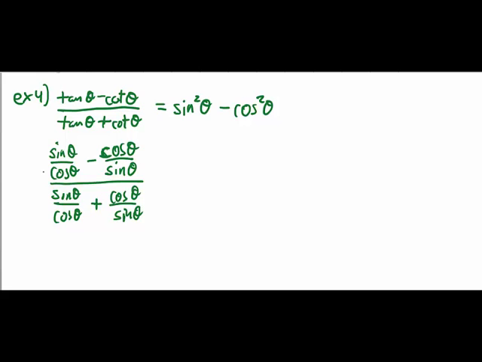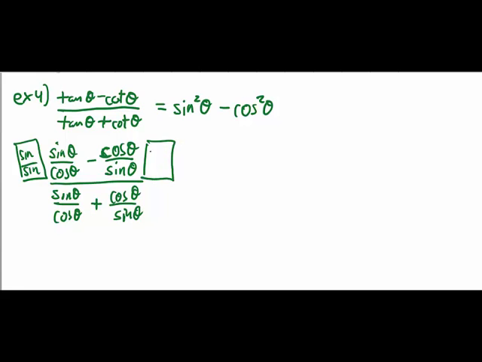Okay, so since I have this complex fraction, I want to see if I can combine these two fractions together. And I need to get common denominators. So I'm going to multiply this side by 1, and I'm going to multiply it by sine over sine. And the reason why I'm going sine over sine is because this denominator has a sine in it, this denominator has a cosine in it.